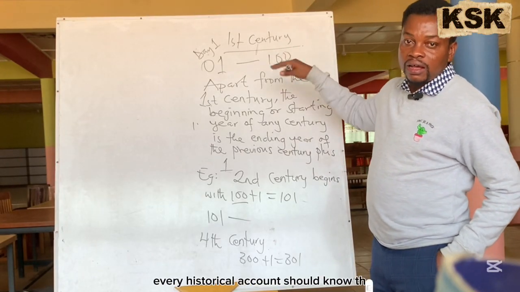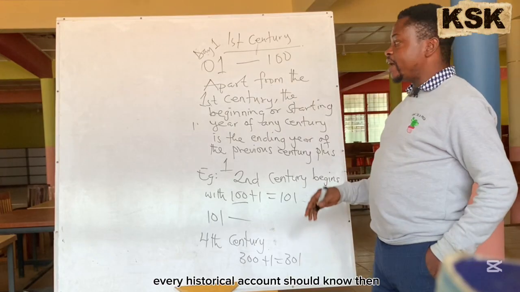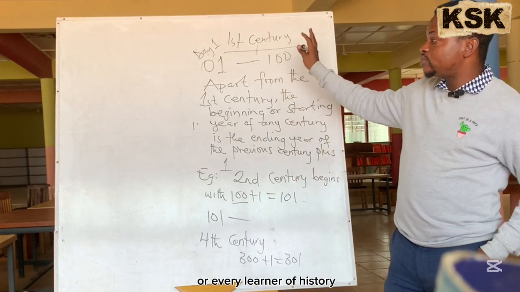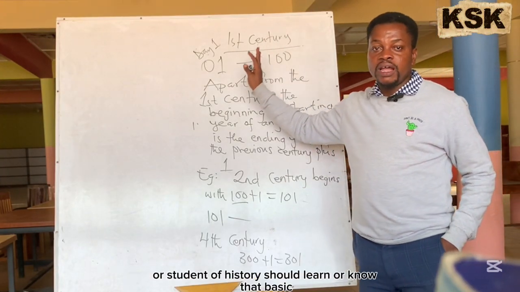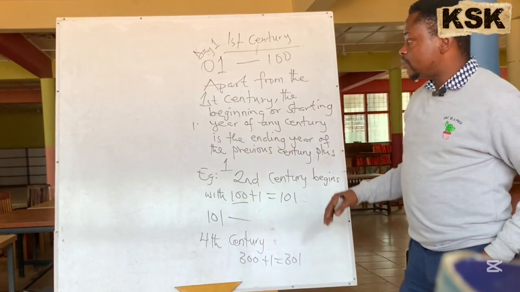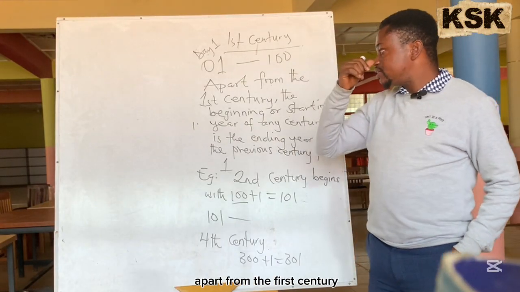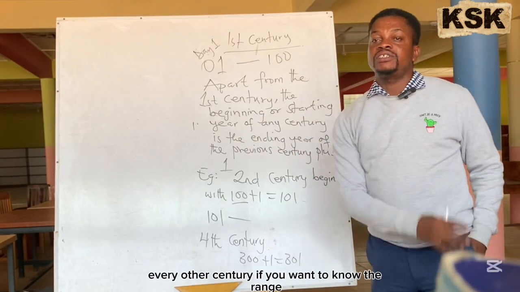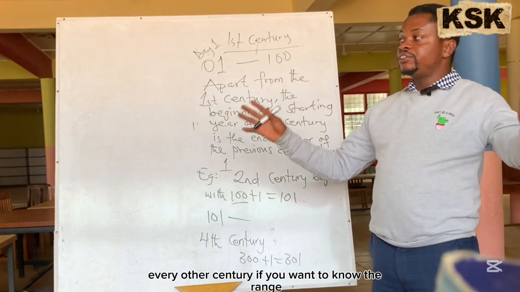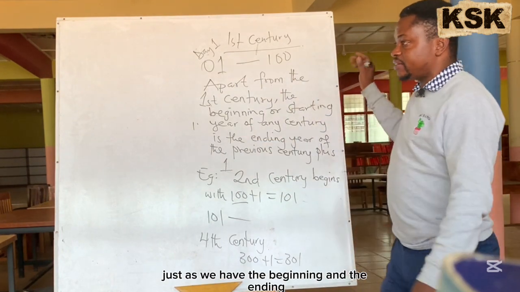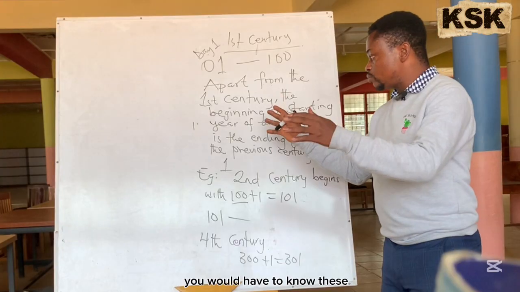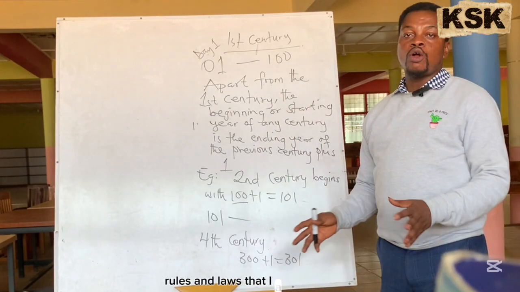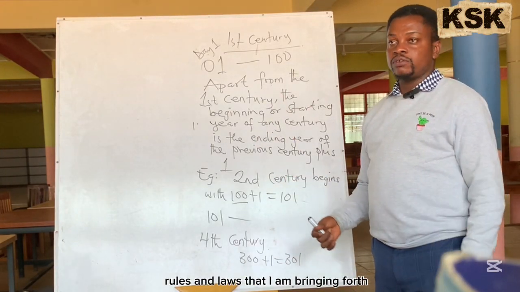Every learner or student of history should know that basic. Apart from the 1st century, every other century, if you want to know the range, just as we have the beginning and the ending, you would have to know these rules that I am bringing forth.